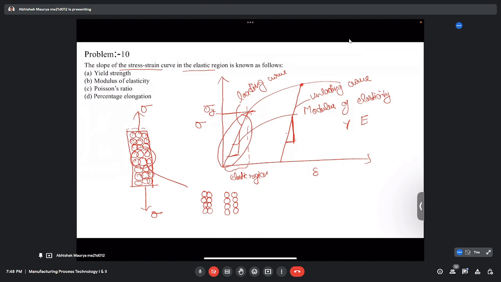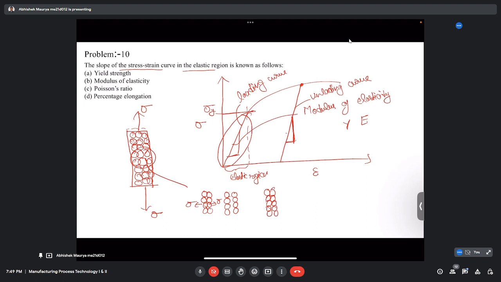Now there is a small gap. When we apply some load, let's say sigma, because of this small load the atoms will get a little apart. But if the load value is less than sigma y, then they will come back to their mean position, and the material will regain its shape.